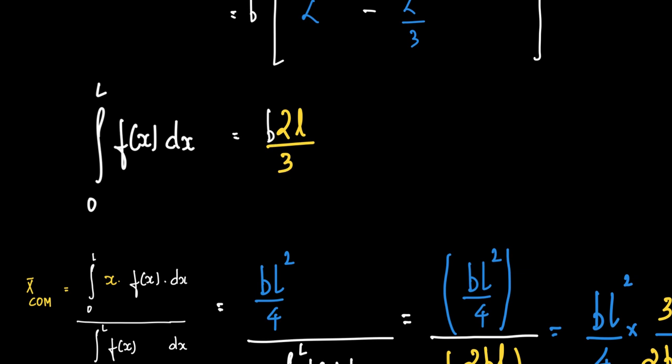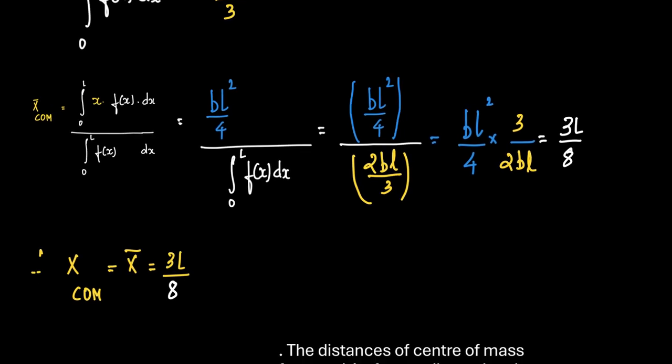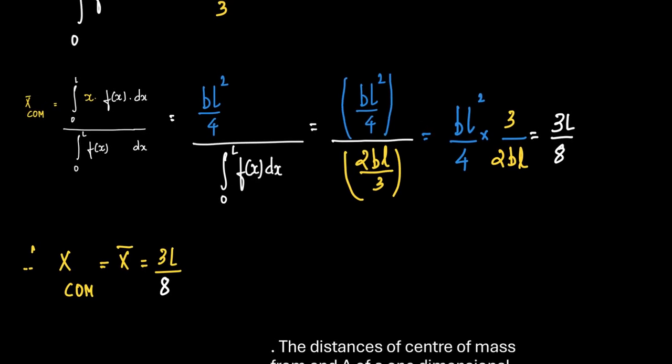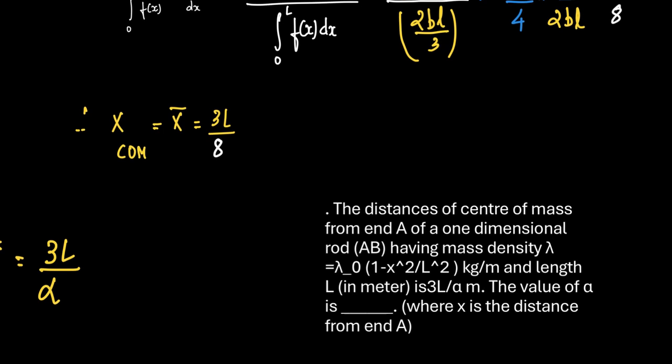And when you divide these two, what you get is 3l divided by 8, and therefore x bar is equal to 3l divided by 8. And given the question that the value is 3l by alpha, when you compare 3l by 8 with 3l by alpha, what we get is the value of alpha is equal to 8. So this is primarily what the question is all about.